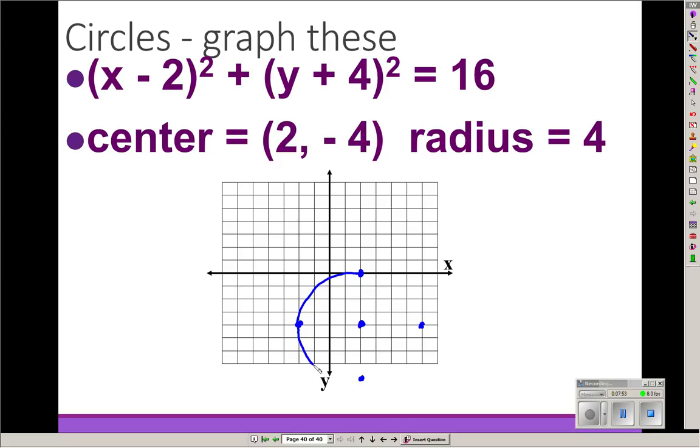Just try to make it round. Takes practice, but the more you do, the better you'll get. What you don't want to do is just connect those points and make a square like that. Make sure it's nice and round.